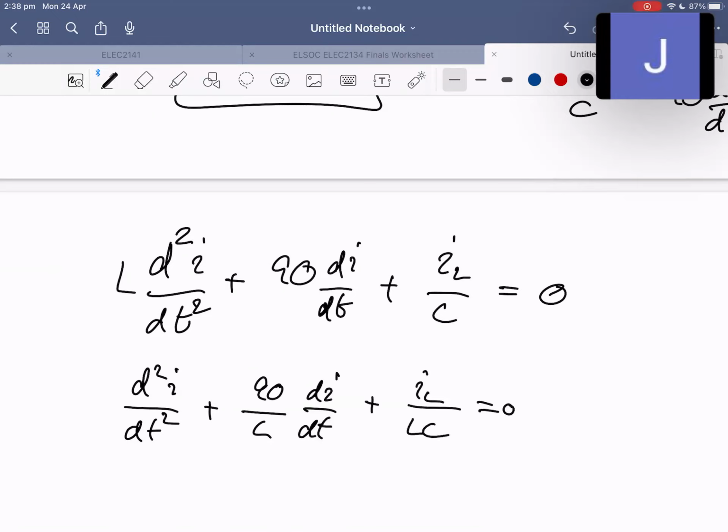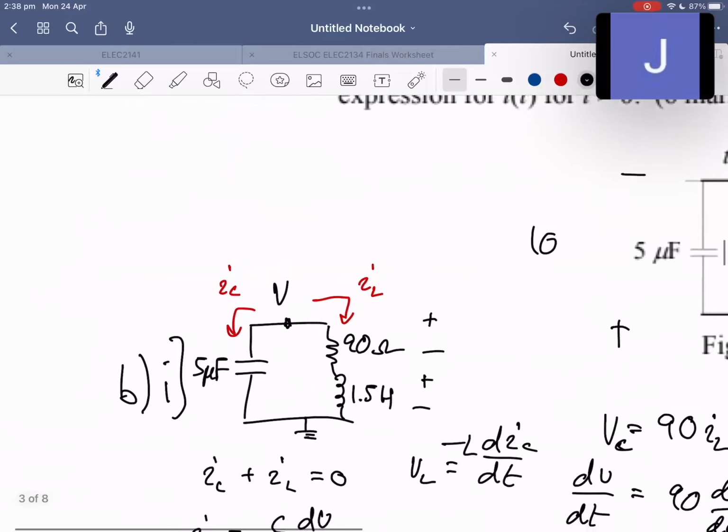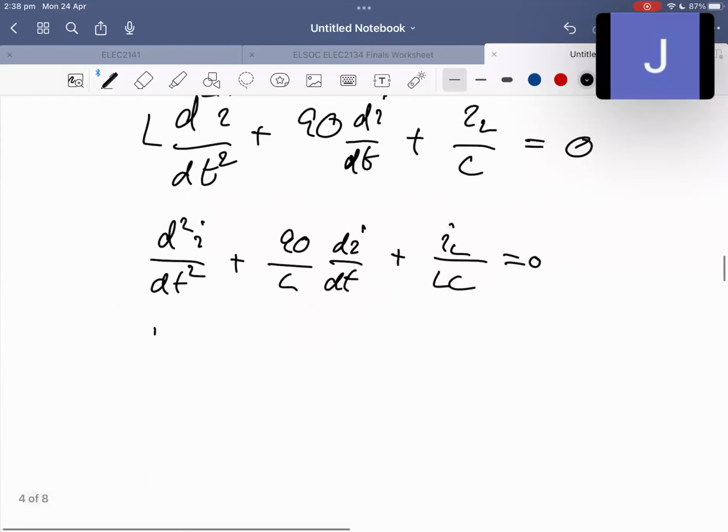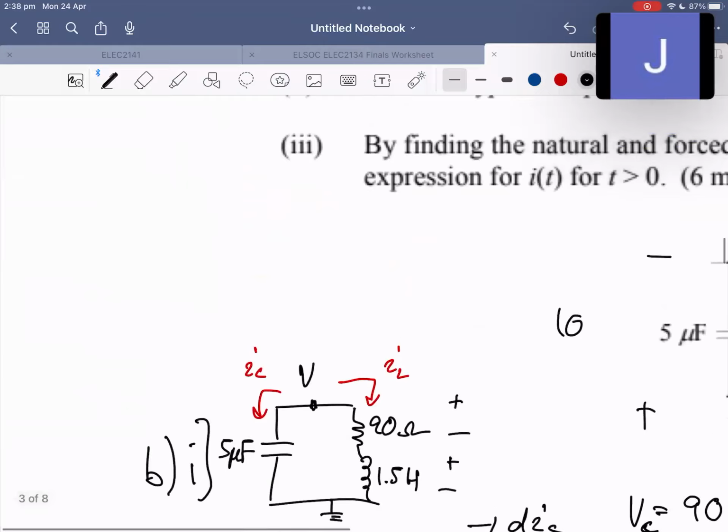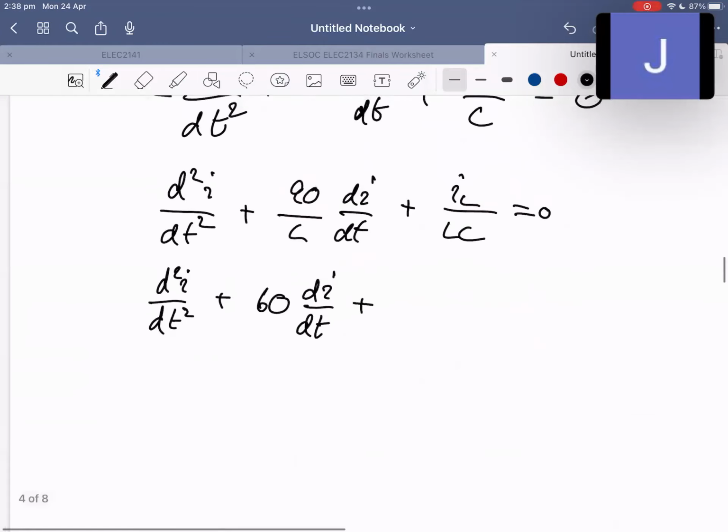Now I just have to sub in the constants, so just get out a calculator. 90 divided by L, where L is 1.5, is 60. So d squared I on dt squared plus 60 dI on dt plus 1 on LC, which is 1.5 times C, 5 microfarads.